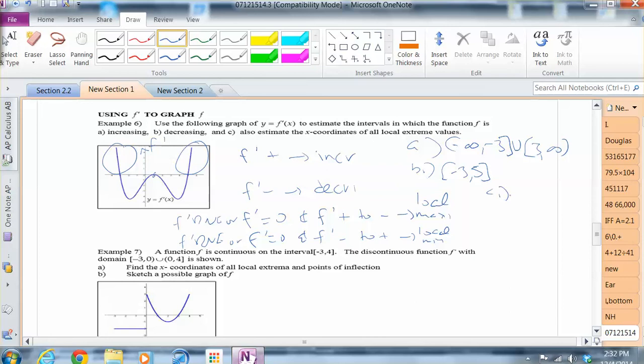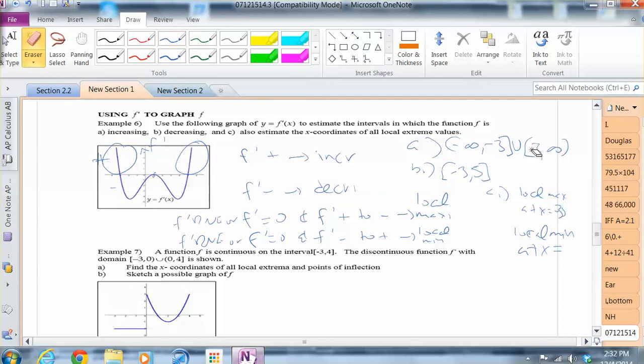And then for part C, we're going to have a local max. Here it goes from positive to negative, so we have a local max at x equals -3. A local min. Oh, oops.